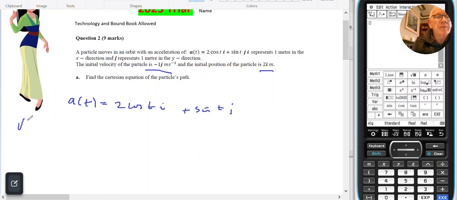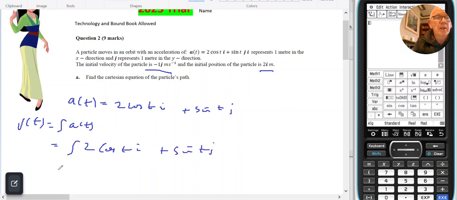So v(t) will equal the integral of a(t), which is the integral of 2cos(t) i + sin(t) j. That gives 2sin(t) i - cos(t) j plus some constant c.